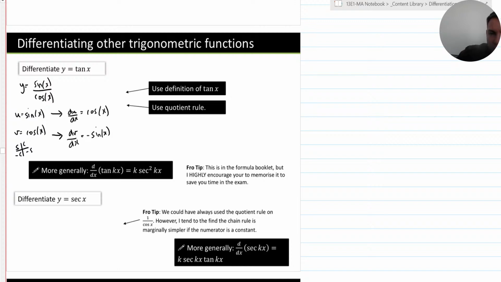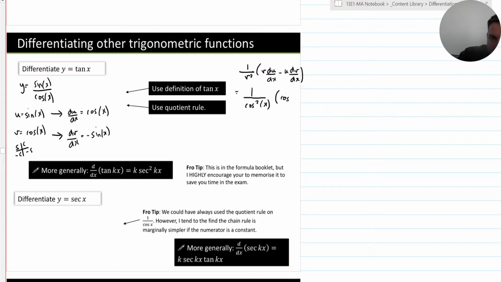And then we're going to sub it into our formula, which is 1 over v squared times by v du by dx minus u dv by dx, which is equal to 1 over v squared, which is going to be cos squared of x, times by v, which is cos, du, which is cos, v du, yeah, good.